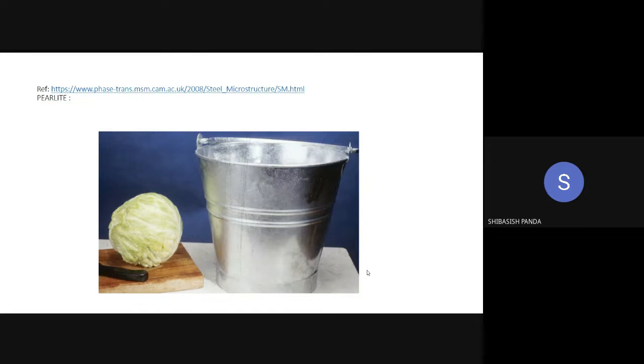Understood now? You can say water is one crystal and cabbage is another crystal, or one phase is your water and the other phase is your cabbage. Water will be filled up in between the leaves. So pearlite looks like this. Good experiment.